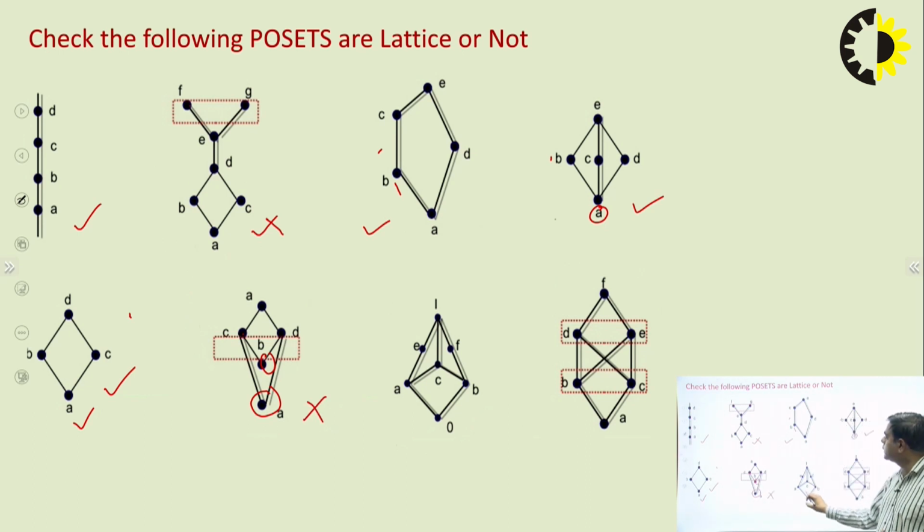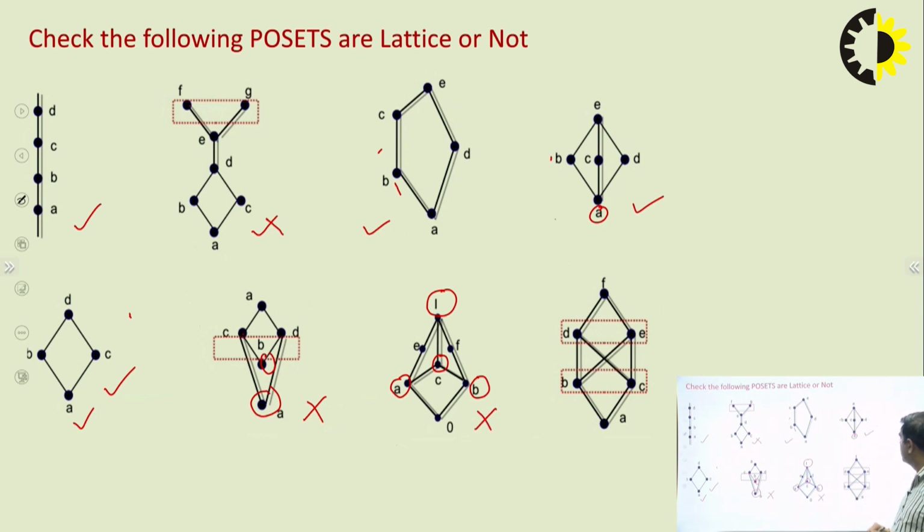Again, see this structure. In this structure you can see for A and B there are two joining points. They are joining at C and also joining at I. So if there exist two joining points, then this structure will not be a lattice.